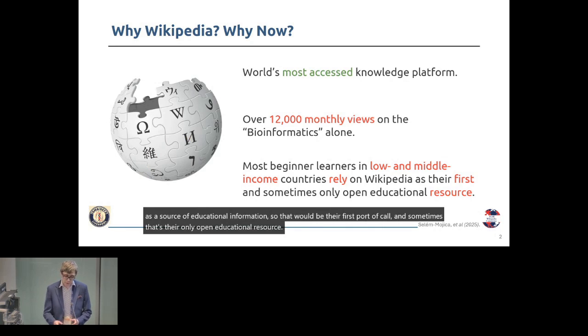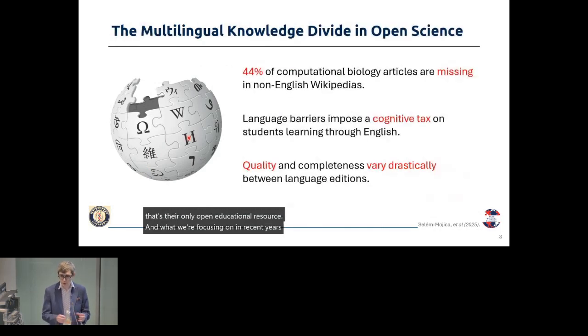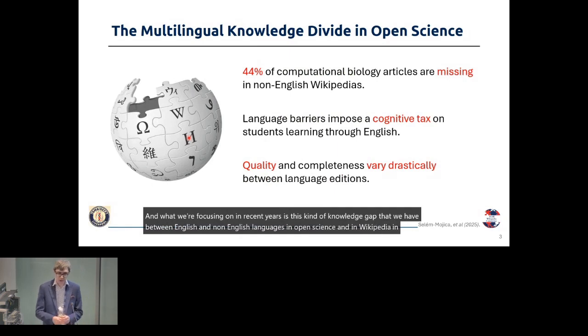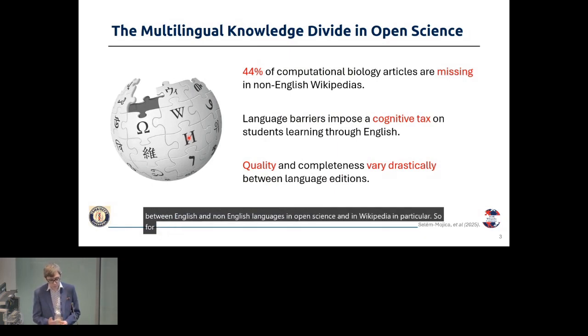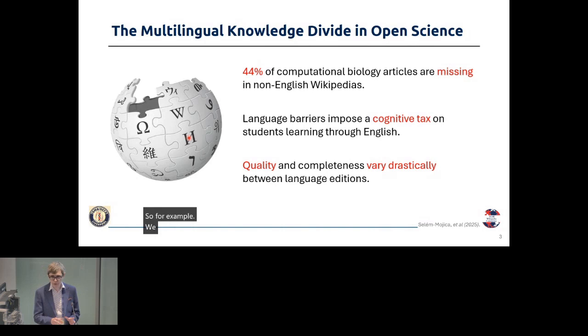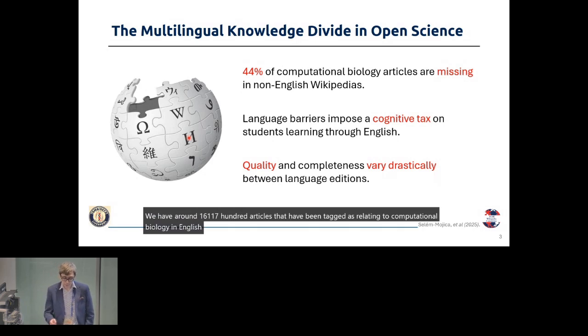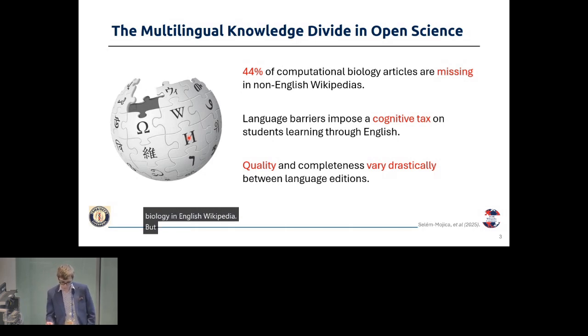And what we're focusing on in recent years is this kind of knowledge gap that we have between English and non-English languages in open science and in Wikipedia in particular. So, for example, we have around 1,600, 1,700 articles that have been tagged as relating to computational biology in English Wikipedia, but 44% of computational biology articles are missing from non-English Wikipedias.